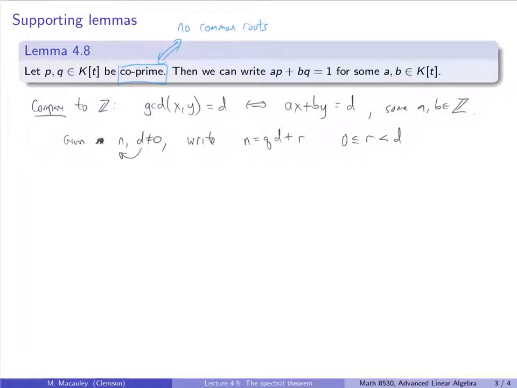So for polynomials, we can do the same thing, but now our norm, instead of being just the absolute value, is going to be the degree.